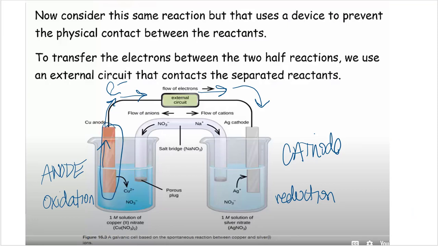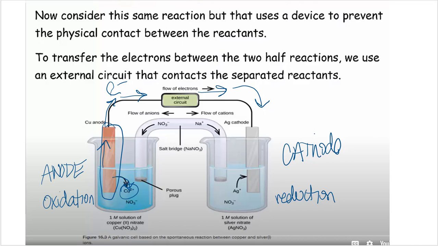This plate of copper is turning into aqueous ions of copper. And so we can see this solid copper is dissolving into the water. It's becoming copper +2 ions.